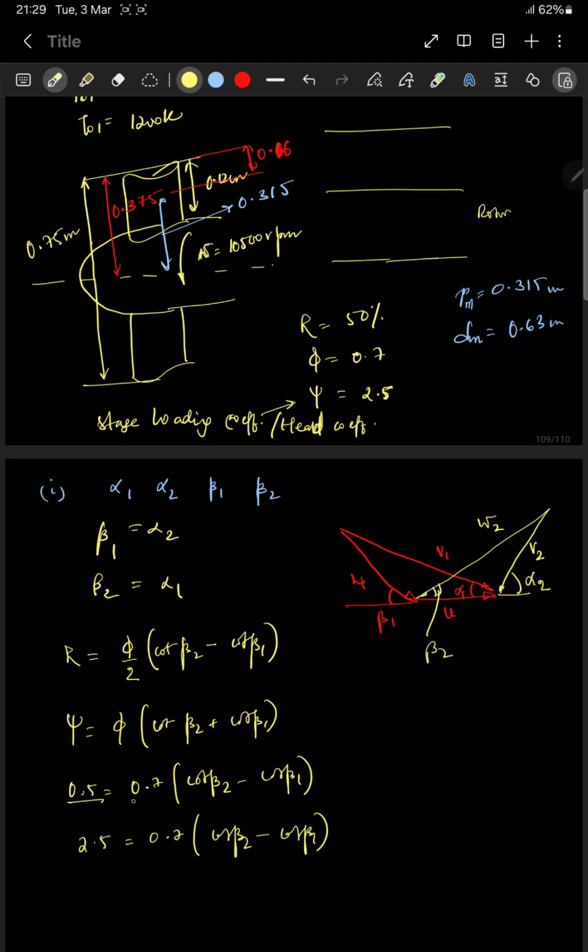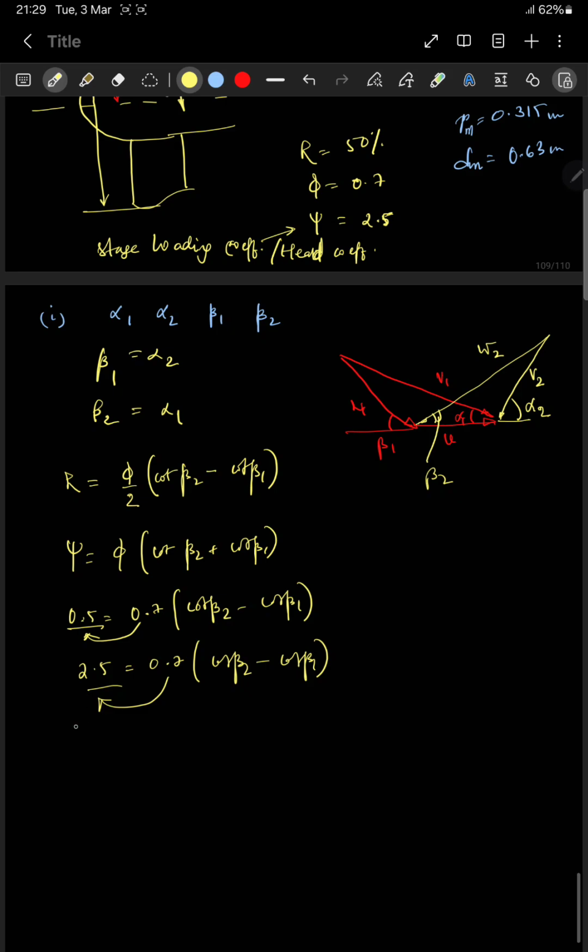So if we take this over here and if we take this over here, and if we add these two equations, we have 2 cot beta 2 equals 0.5 divided by 0.7 plus 2.5 divided by 0.7.